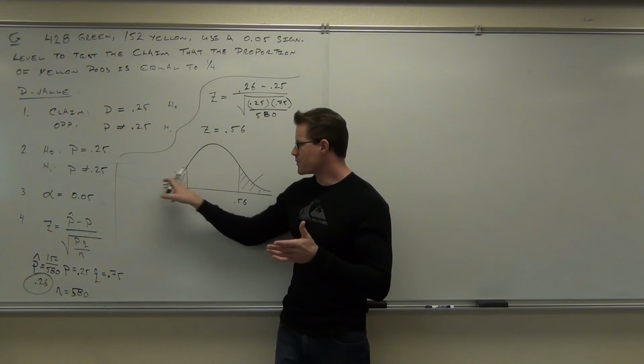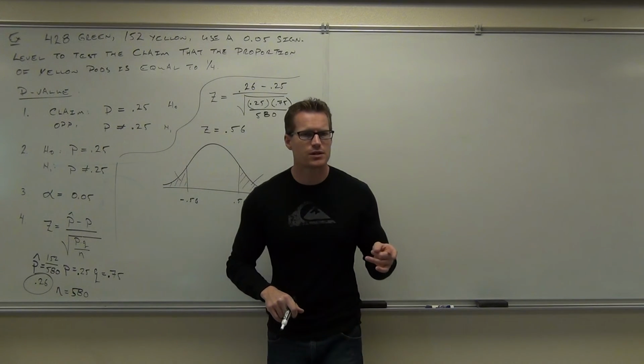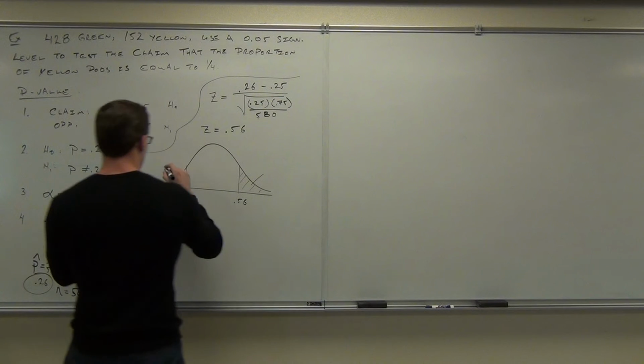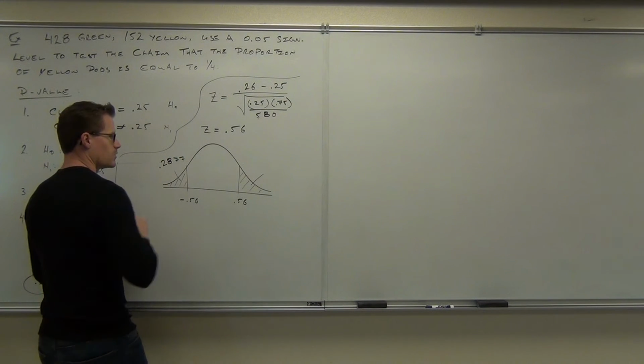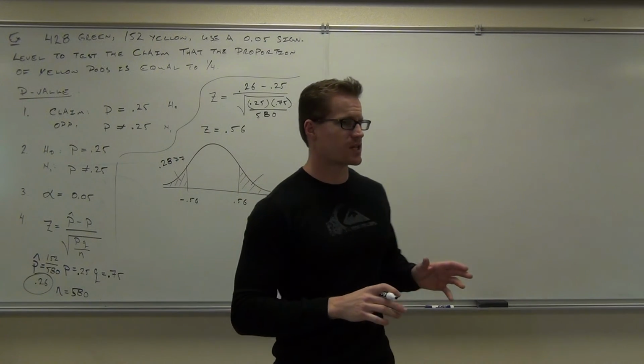So we want to look up this one first. Can you tell me that one if you look up? How much? 0.2877. Okay, 0.2877. Do you guys know where the 0.2877 is coming from?